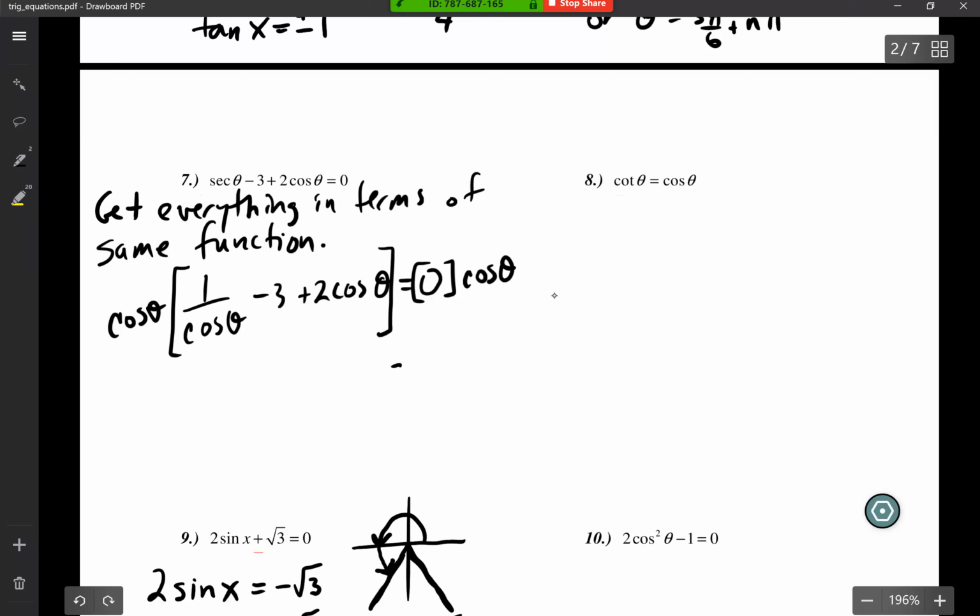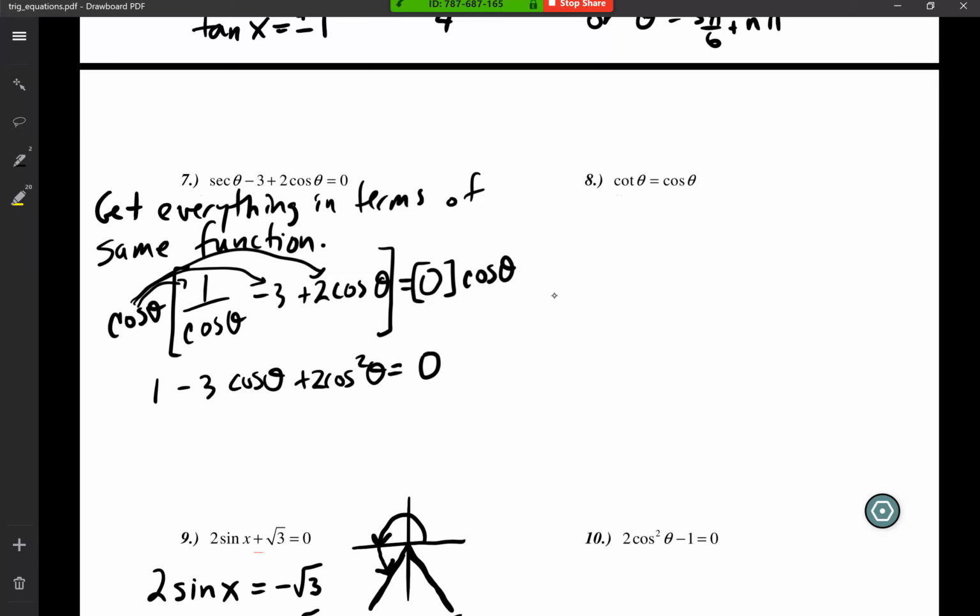Well, on the right-hand side, I still have 0. When I take the 0 times the cosine theta, I still get 0. On the left-hand side, we need to distribute this cosine theta to all 3 terms. So when we do that, we get 1 minus 3 cosine theta plus 2 cosine squared theta.